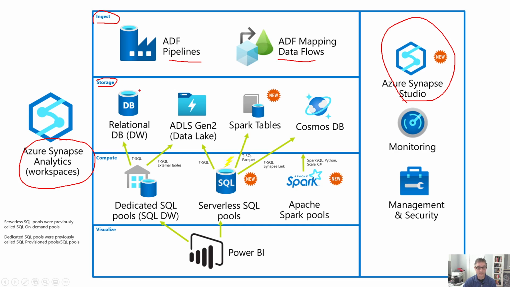One thing you can move that data into is your relational database. This is traditional SQL data warehouse where that database has a dedicated SQL pool on that. You can use regular T-SQL over that, just as in the past. You also have the ability inside of Synapse Studio to use a data lake store. And in most cases, you use Data Lake Store Gen 2. This is where you can land the data also.